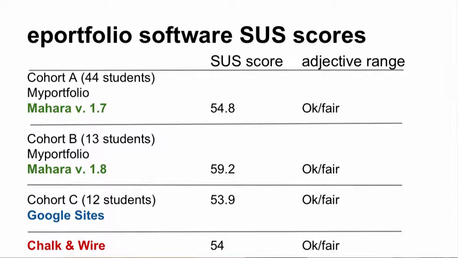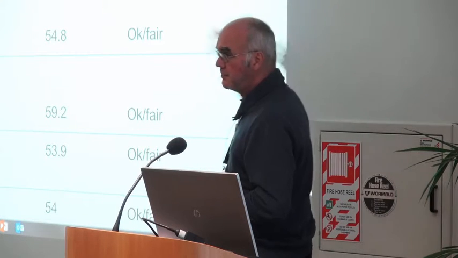But when the early childhood people did their Google Sites evaluation, it came out in the same band, 50 to 60. And then my friend Lynn Bai at Auckland University, who are using a Canadian ePortfolio product called Chalk and Wire, did this survey with her students, came out in the middle of the 50 to 60 band. So you can see a pattern there.